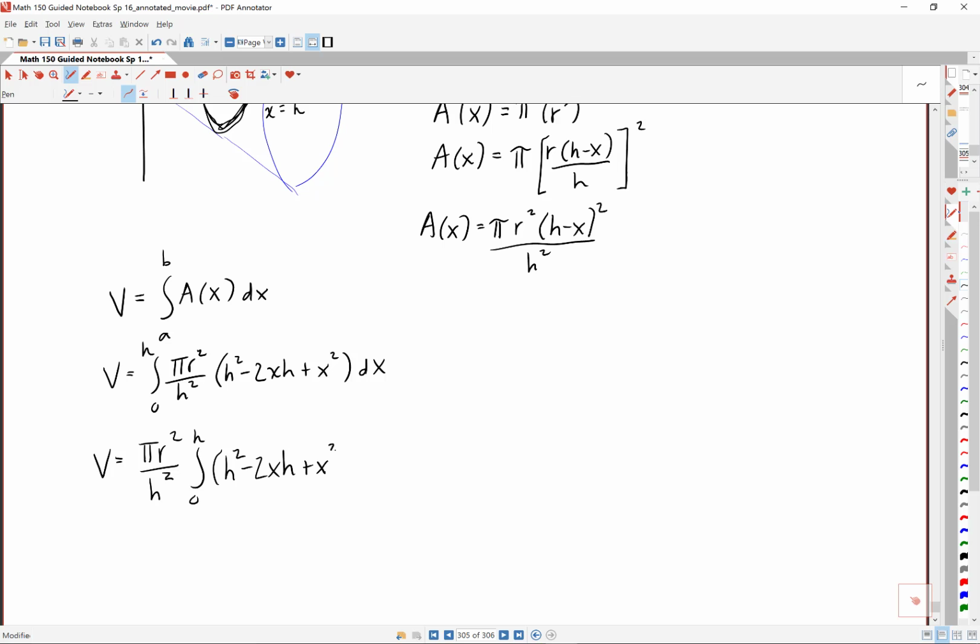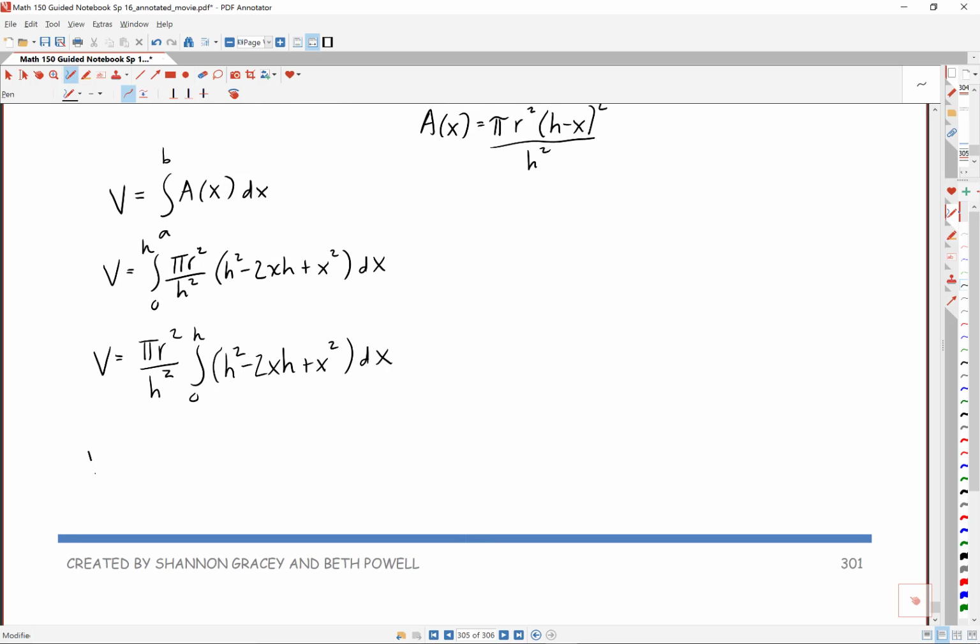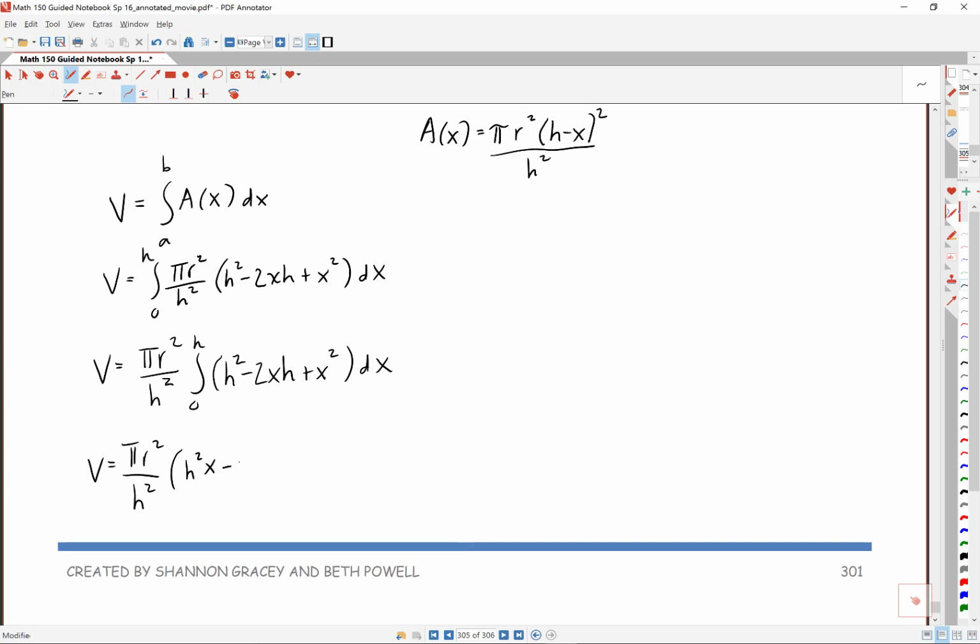Okay, so continuing, our volume is pi r squared over h squared times h squared x minus, the 2's will divide out, x squared times h plus 1/3 x cubed, evaluated from x equals 0 to x equals h.